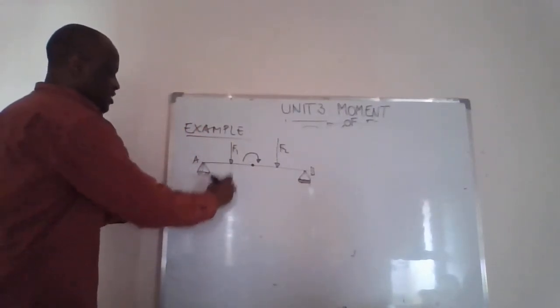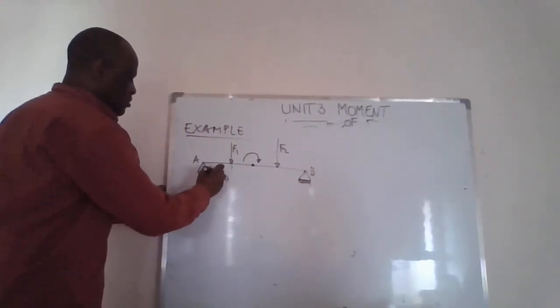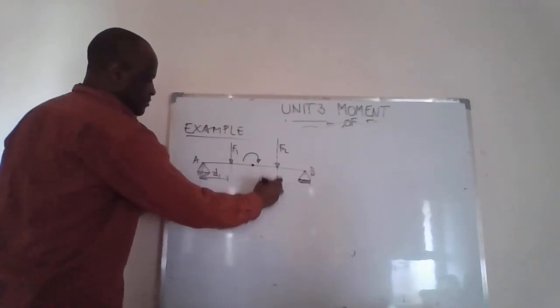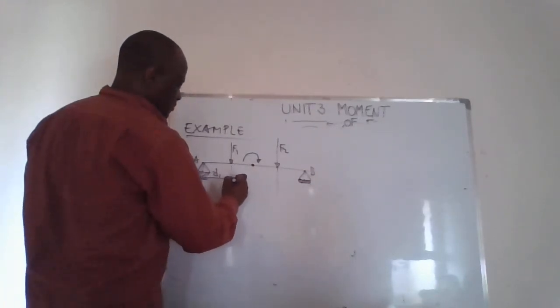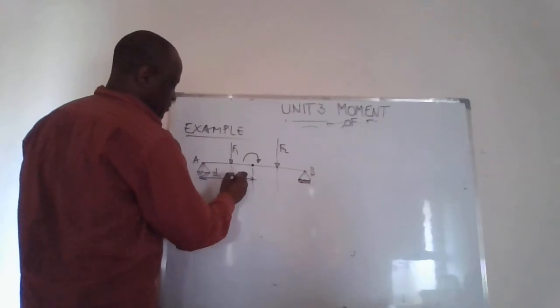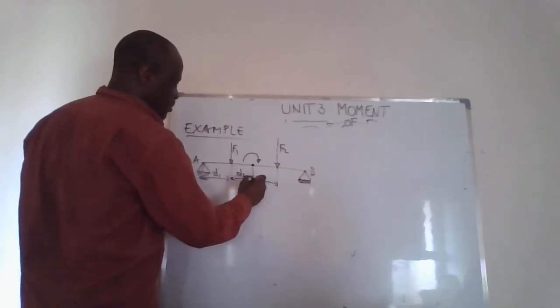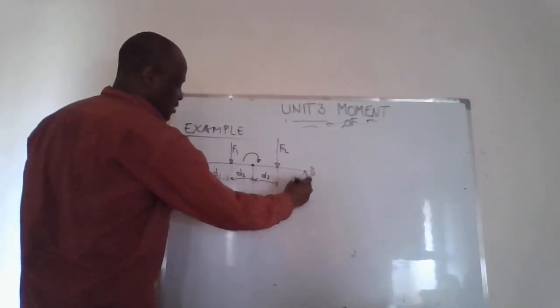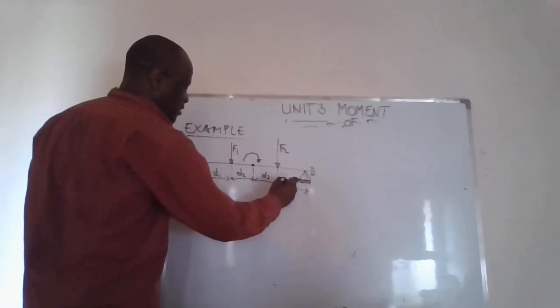The distances should be given: D1, D2, D3, and D4.